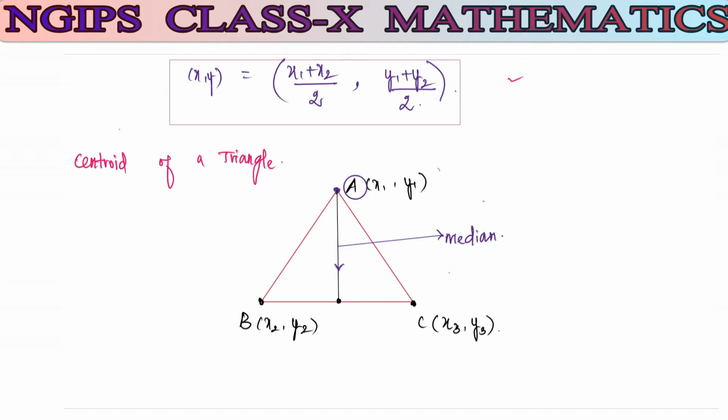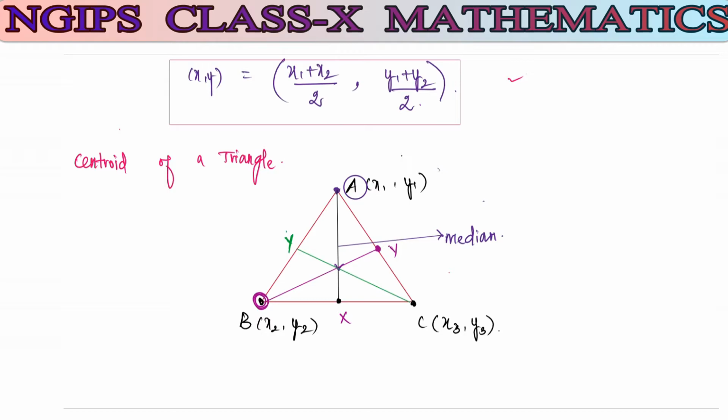How many medians can we draw for this triangle? From vertex A I have drawn a line to the opposite side BC. From vertex B I am going to draw a line to the opposite side, and I can draw one more median from the vertex C.